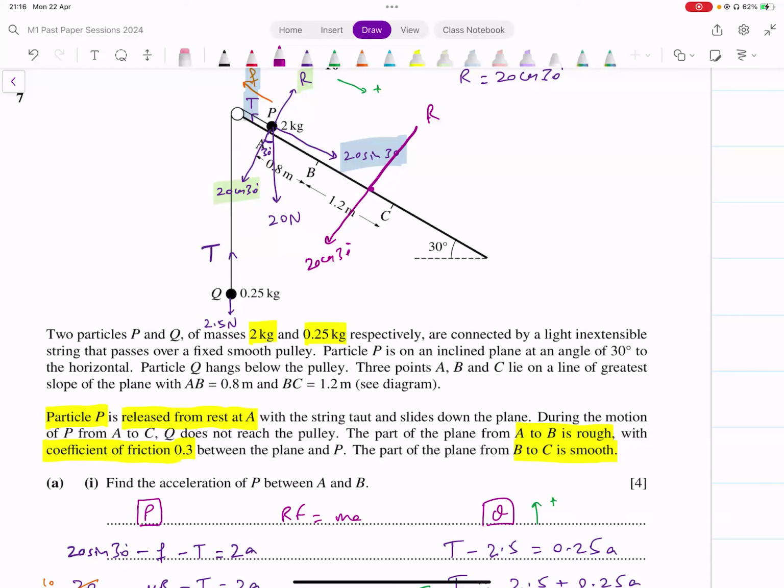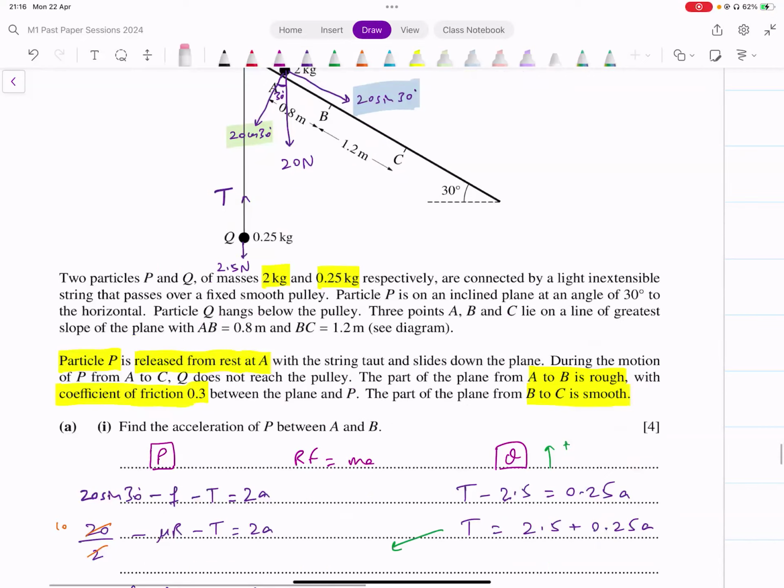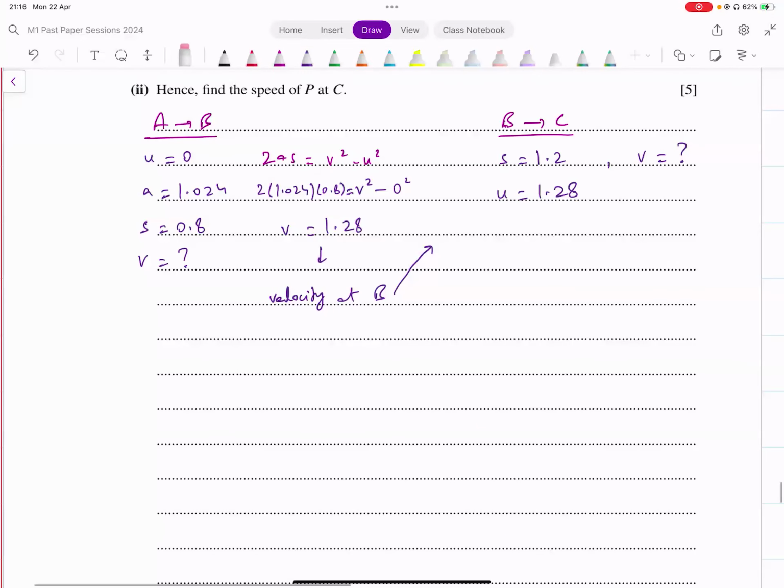But that's not really going to be required anymore because there's no friction. Since there's no friction, we don't really need to use reaction as such, okay? We can just use forces acting in these directions, parallel to the plane. We would have to find the acceleration for this part of the journey again now.